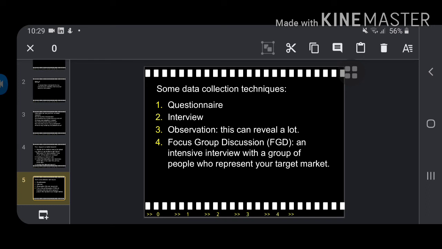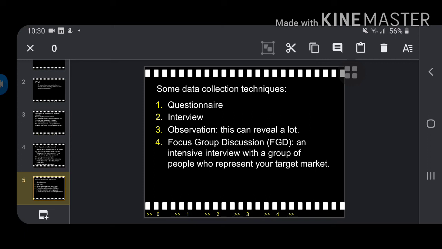For example, if you go to a cafe, you will see what hours they flock to the cafe, what hours the cafe is most crowded, how they behave while eating, how long they spend eating, with whom they eat, maybe with friends or with their partners or with their families, or maybe each group has separate special hours for eating there. So you can gain a lot of information from observation.